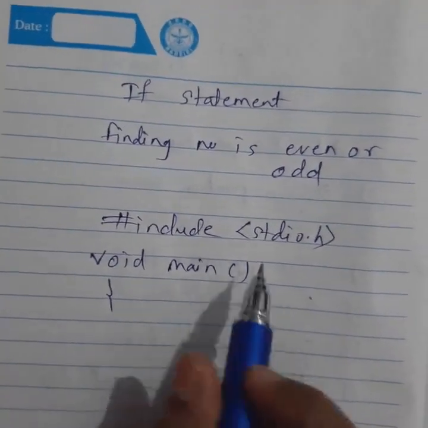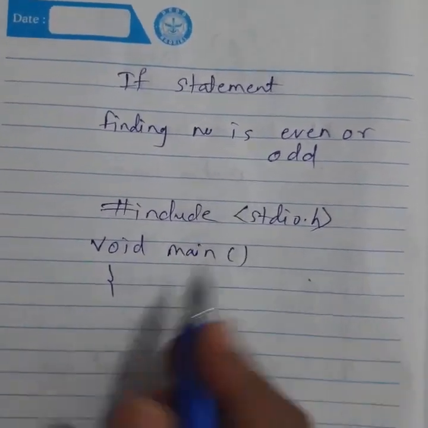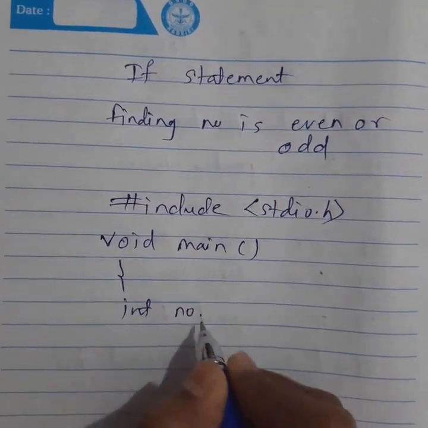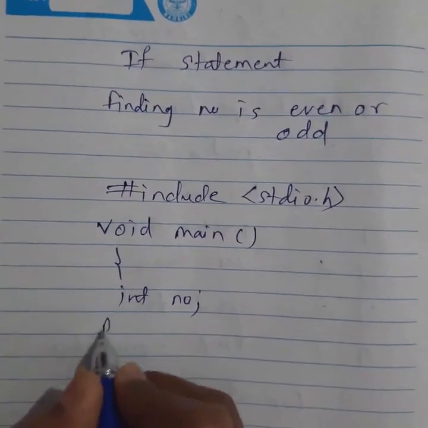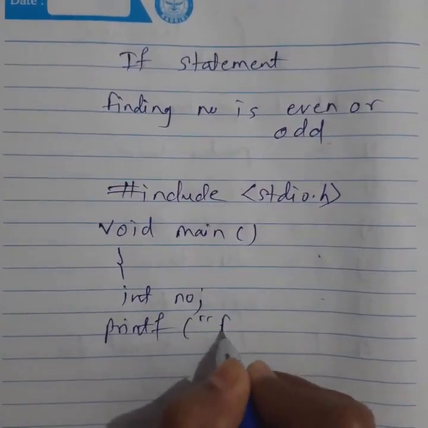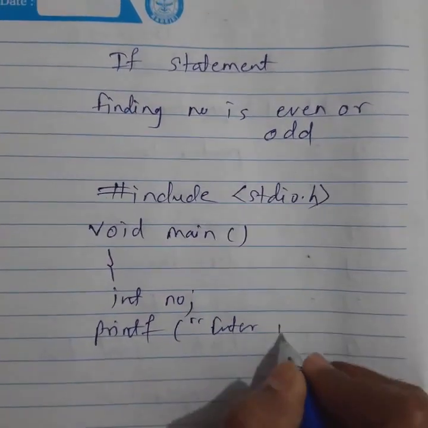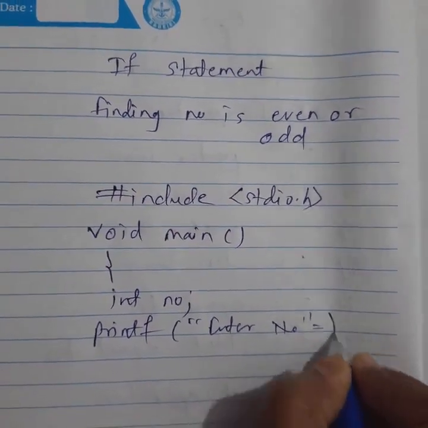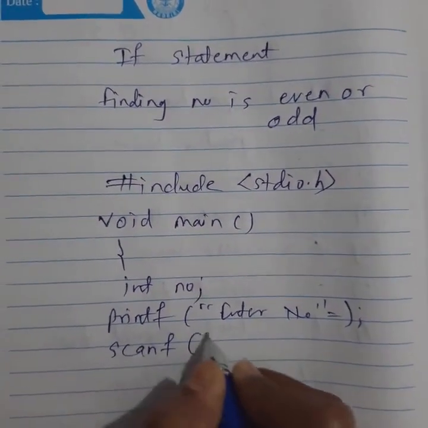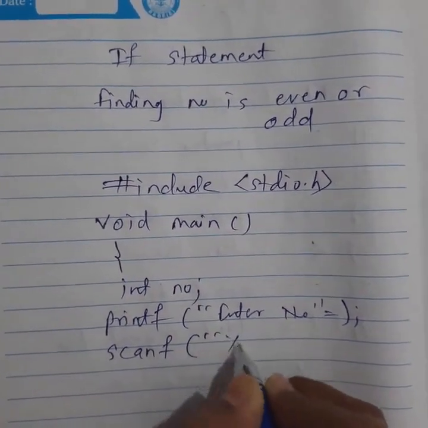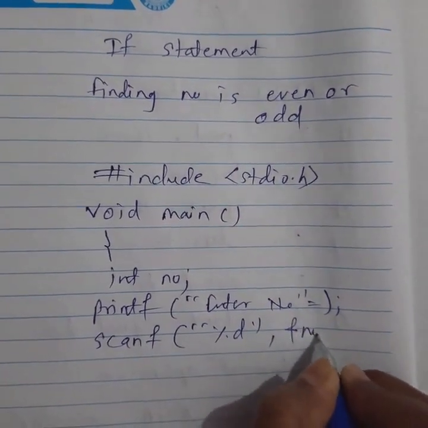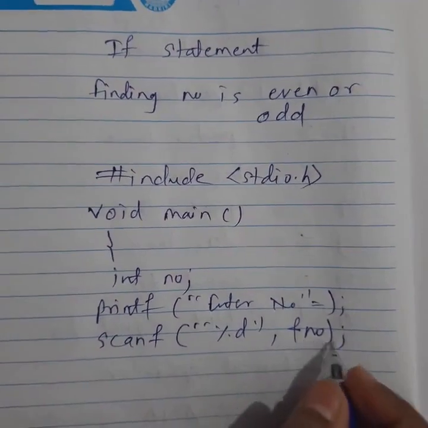Here I find whether the entered number is even or odd. For that I take an integer variable number. I use printf enter number, which displays on the output screen asking you to enter a number. That number will come in the number variable, using %d and ampersand number.